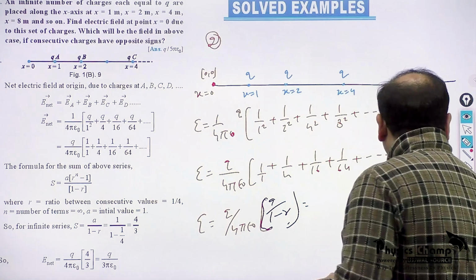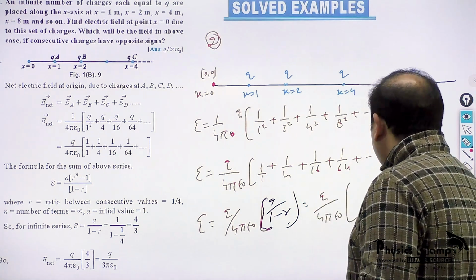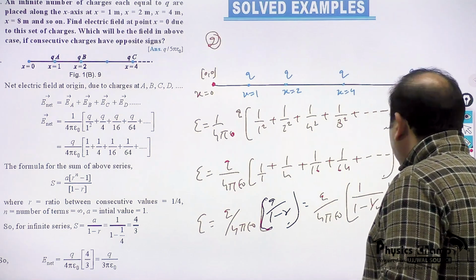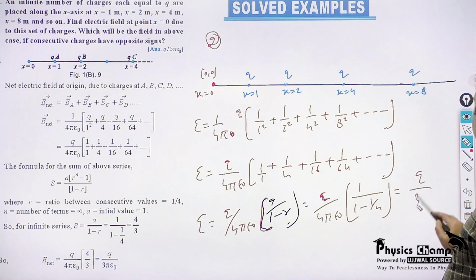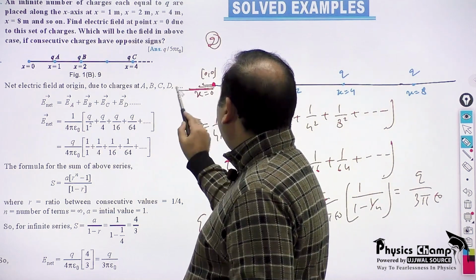So I will be getting q by 4 pi epsilon naught, A is 1, and the ratio is 1 by 4, so 1 minus 1 by 4. So we finally get q by 3 pi epsilon naught as the sum of all electric fields acting at O.